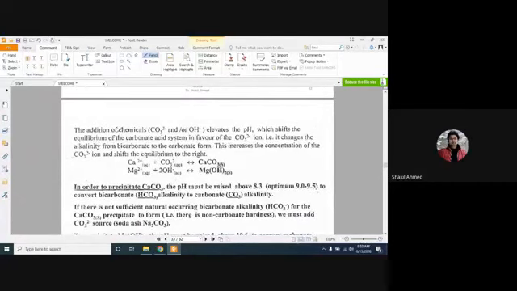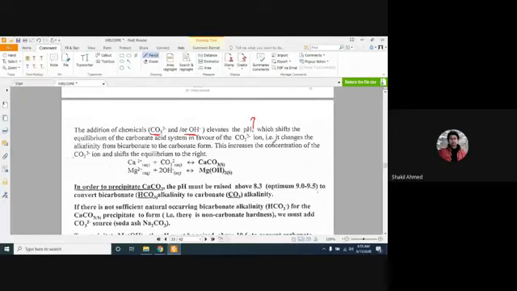The addition of chemicals like carbonate and hydroxide elevates the pH, which shifts the equilibrium of the carbonic acid system in favor of the carbonate ion, and it changes the alkalinity from bicarbonate to carbonate form.